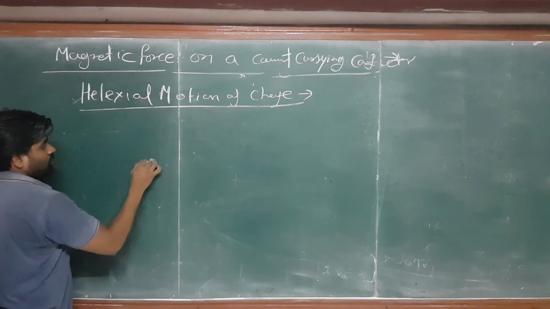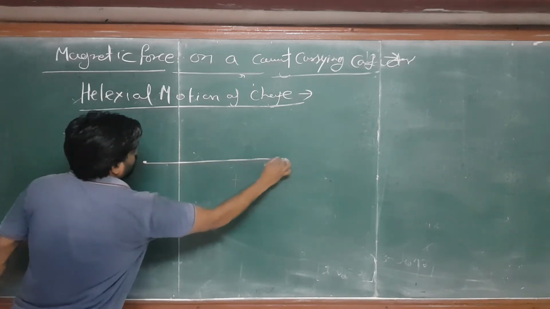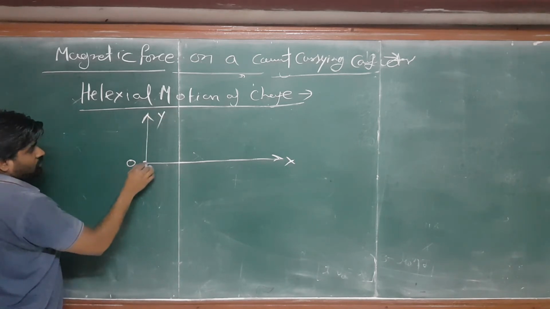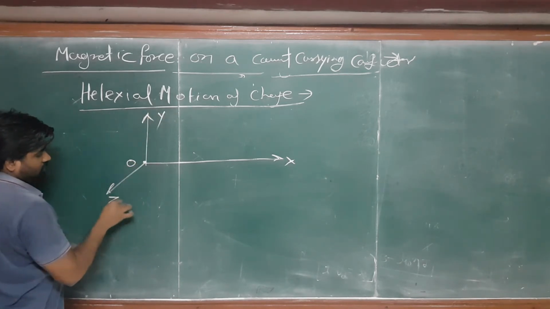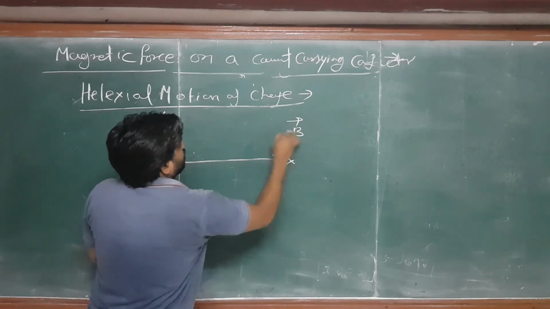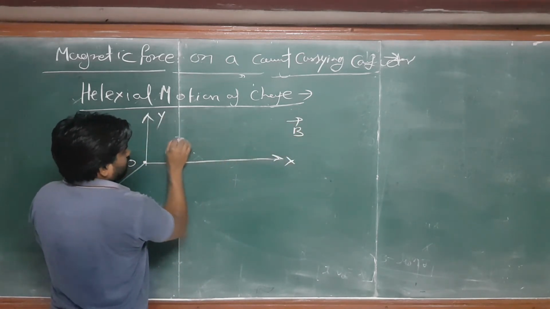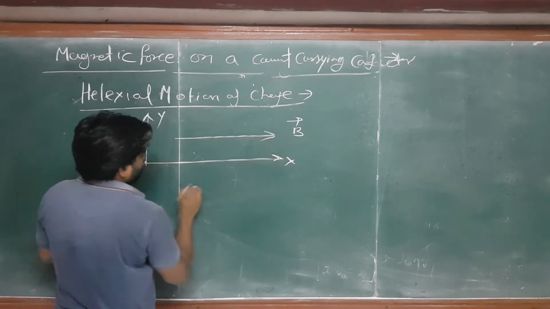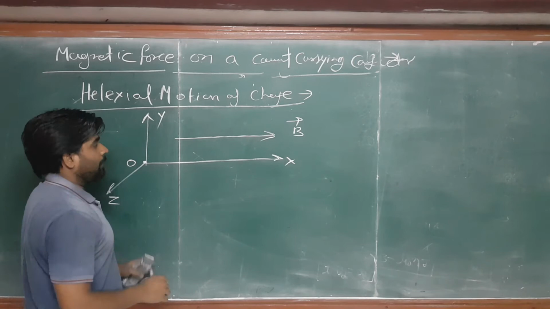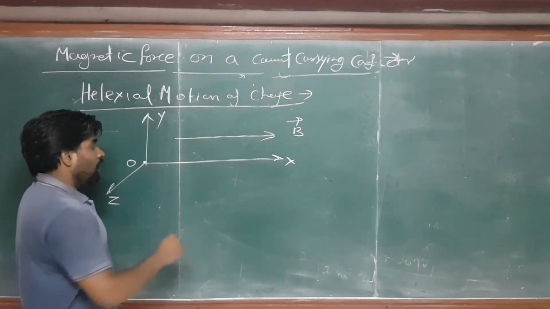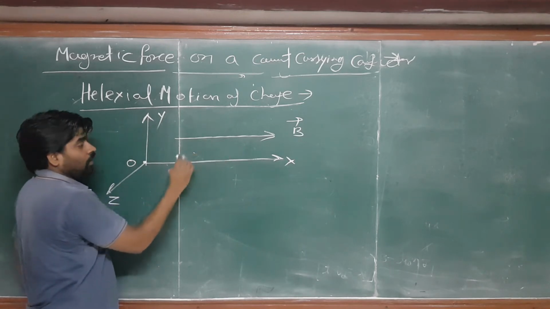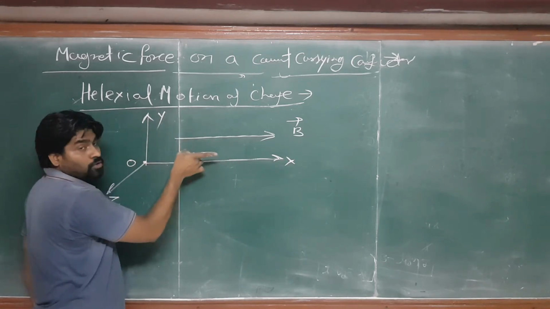Let's suppose this is the origin, this is the x-axis, this is the y, and this is the z. The magnetic field is going inside, so I will draw only a single line at the top. I can fire the bullet up to here, and up to here. So this is called the perpendicular and this is called the parallel.